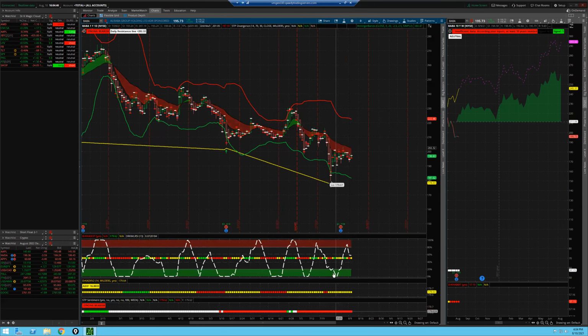ADX is yellow, meaning you're getting some sideways movement here. But if I had to do a play on BABA, sentiment's bearish. Daily resistance is 202.32 up here. Definitely more bearish than bullish.